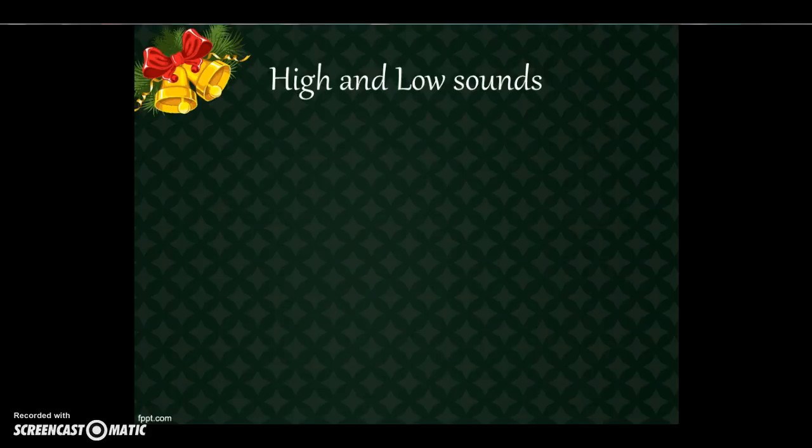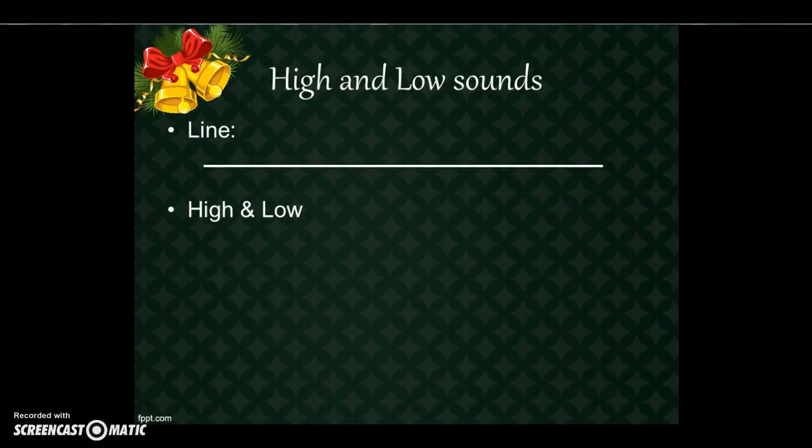For our high and low sounds, we started with a line, and that line told us where those high and low sounds were going to go. We know that the high sounds were going to go above the line, and the low sounds were going to be below it. After those high and low sounds were added on the line, we said that those sounds were going to have an actual name.